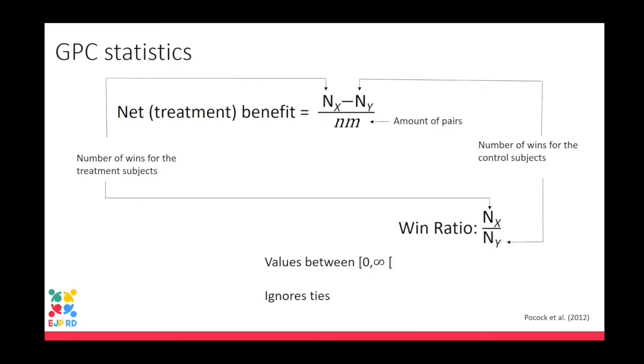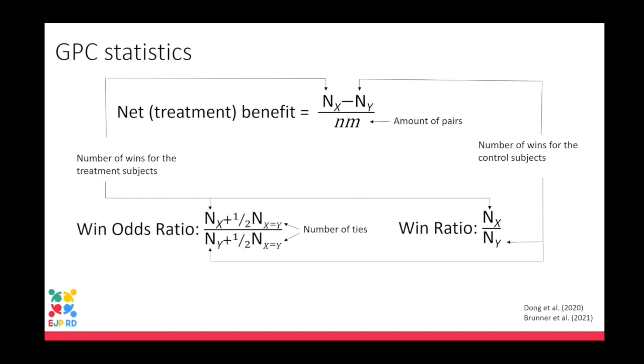And if the value is above 1, that is in favor of the new treatment. If it's below 1, then it's in favor of the comparator. But it has been criticized, in fact, that it ignores the number of ties that you have in the comparisons. And so only very recently, that has been extended to the win-odds ratio, which includes now the number of ties.